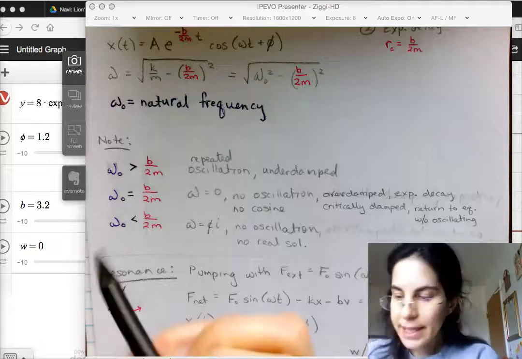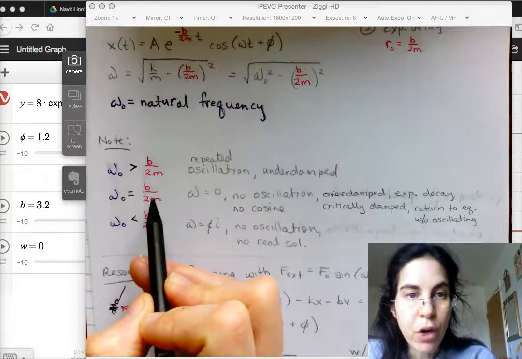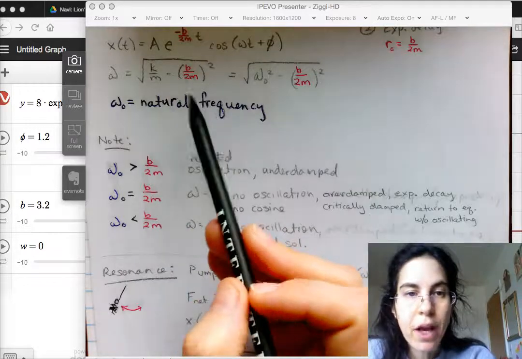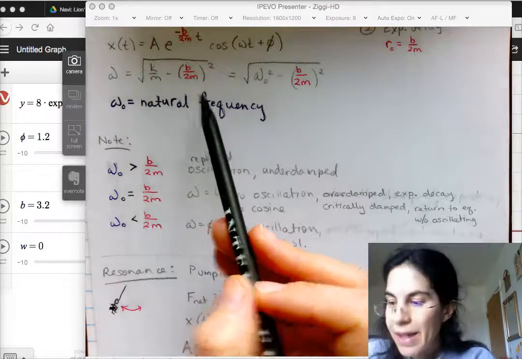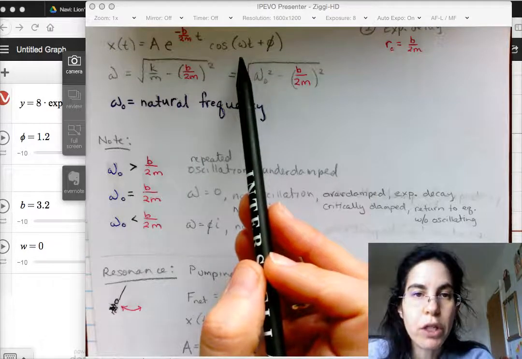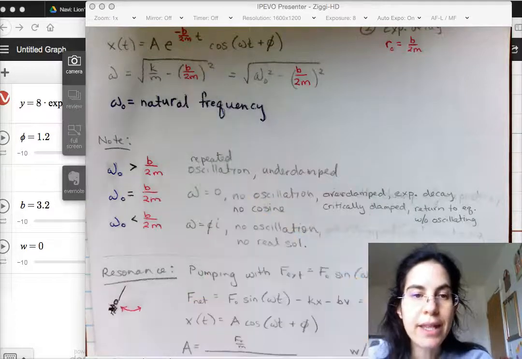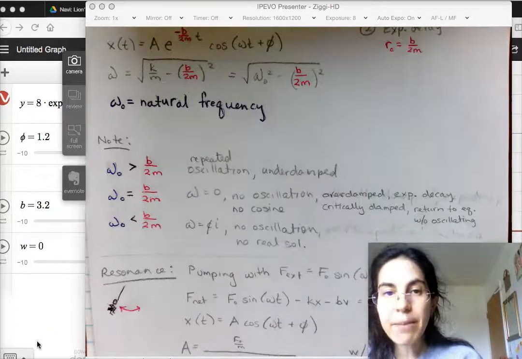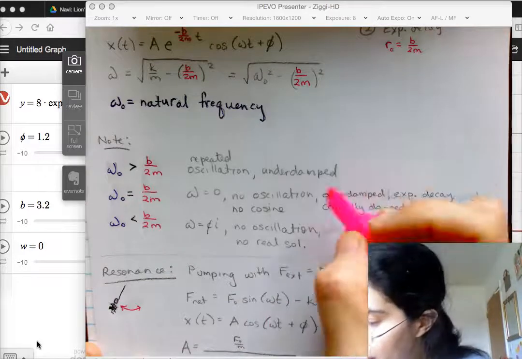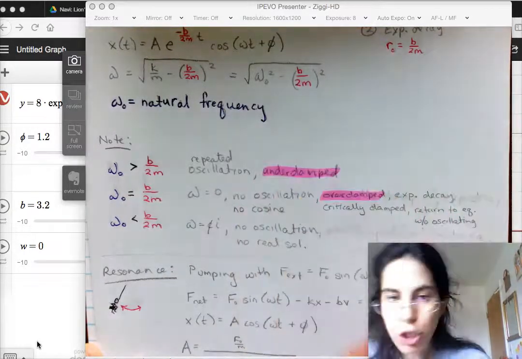The next case is the one where the square root of k over m equals b over 2m. This gives us an omega of 0. That means the leading coefficient of the t in this harmonic motion equation is 0. That means there isn't a cosine, and the only thing that's left is an exponential factor. This describes two cases. The first is the case of overdamped motion.